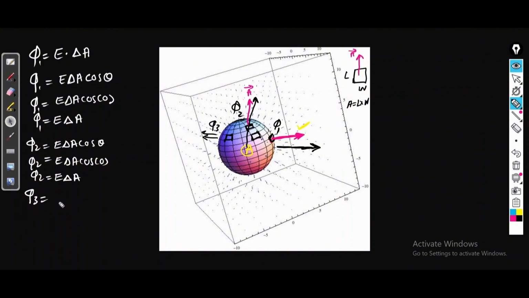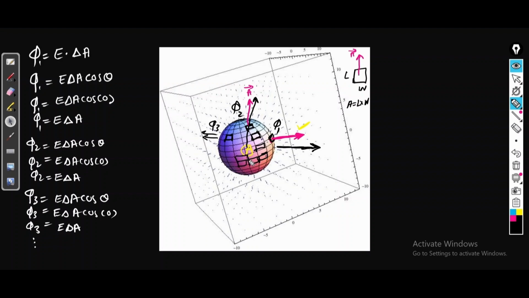So phi 3 is equal to E del A cos of theta. In this case theta is also 0, so cos 0 is 1, and it becomes E del A. So phi 3 also becomes E del A, and in this way we will write this for all these small areas.